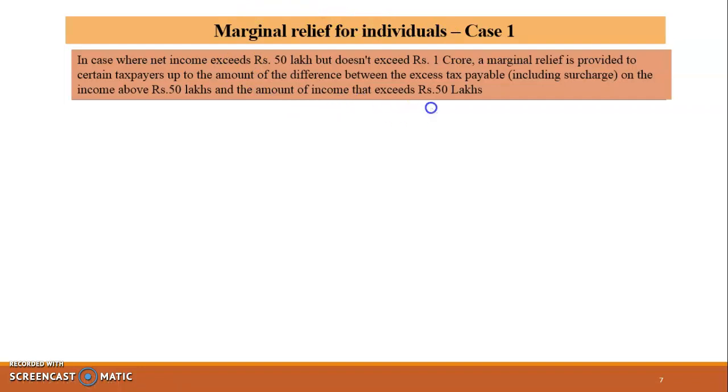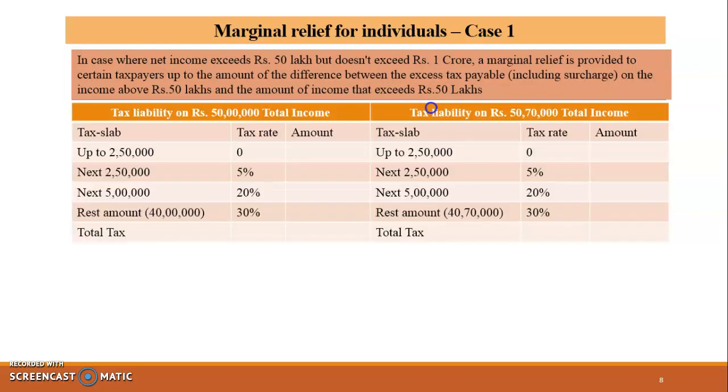So first just look at the example below. In this case the taxable income is 50 lakhs 70,000. For example, last year the person was earning exactly 50 lakh rupees and now he has taxable income of 50 lakh 70,000.